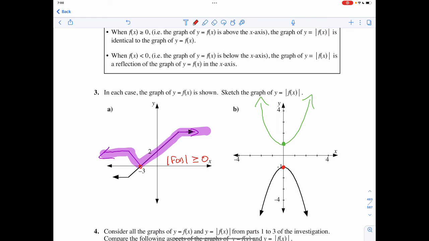Where I had my max point here, where in this case, f of x had to be less than or equal to -1, my absolute value of f of x had to be greater than or equal to the positive version of that, +1.